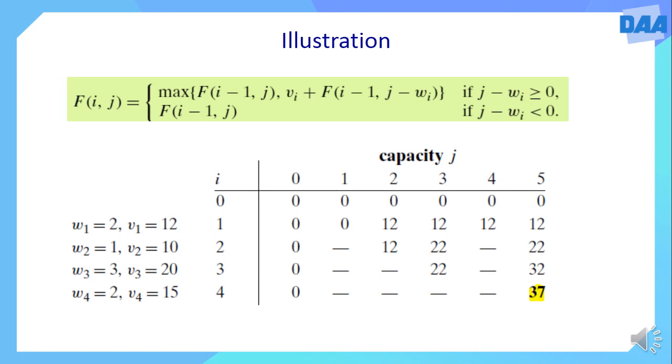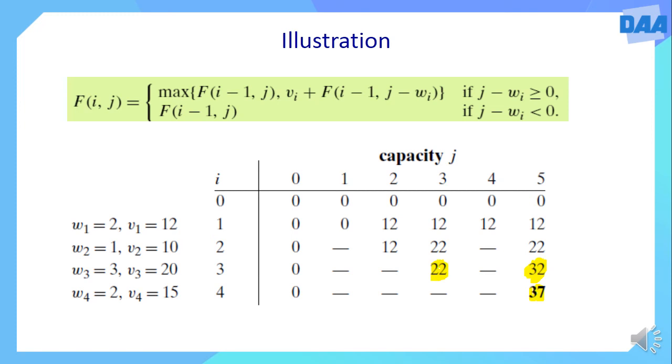So it will look for these two values, 37 and 32. 32 is not computed at f of 3 5. It will look for f of 3 5 and f of i minus 1, j minus wi, which is f of 3 3. So this is the recursion call.